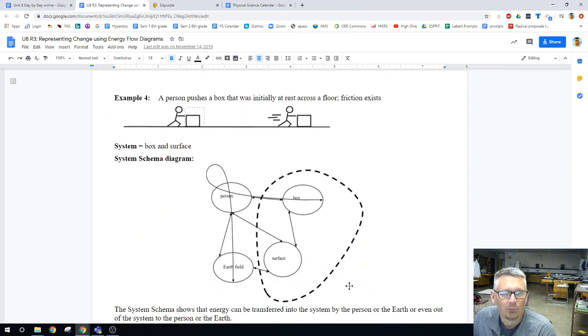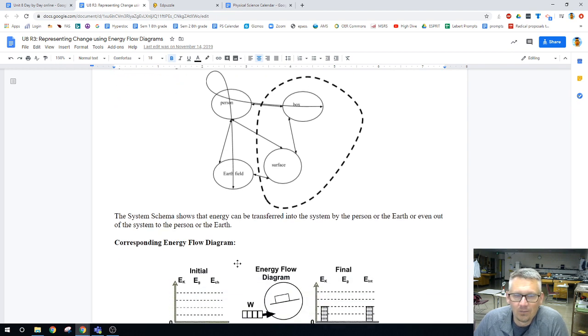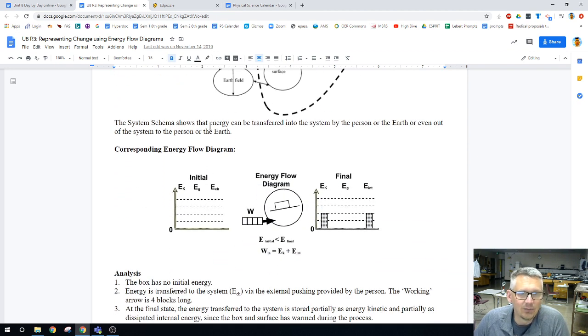Example 4. A person pushes a box that was initially at rest across a floor. Friction exists. In this case, the box and the surface are in the system, but the person and the Earth's field are outside of the system. The system schema shows that energy can be transferred into the system by the person or the Earth, or even out of the system to the person or the Earth.